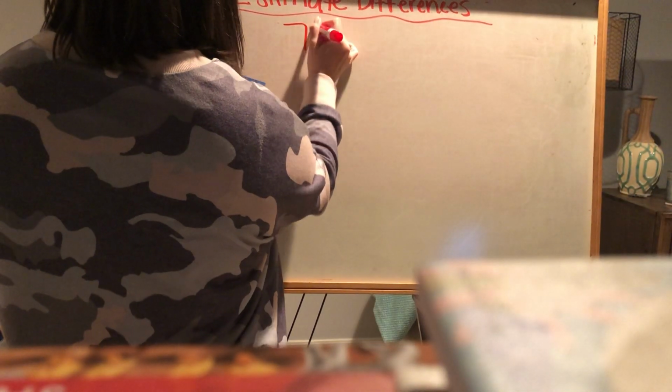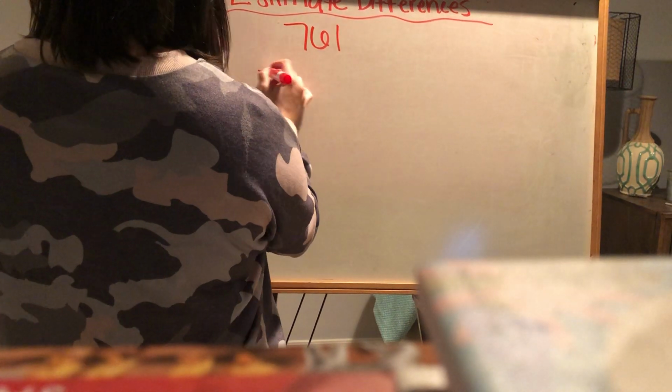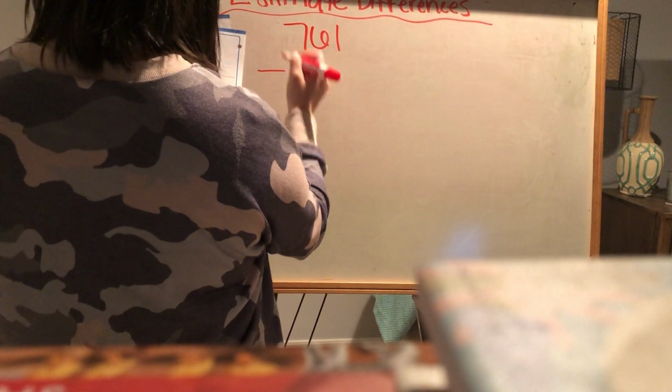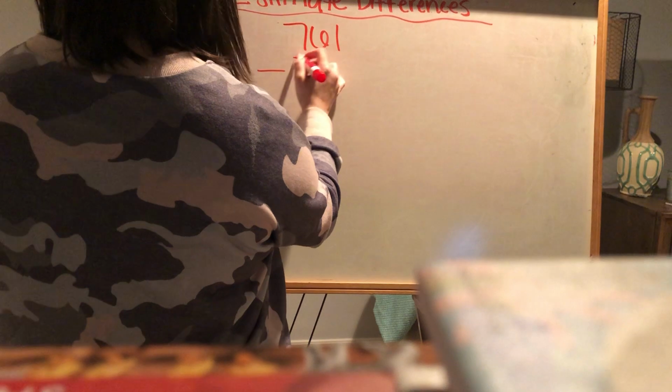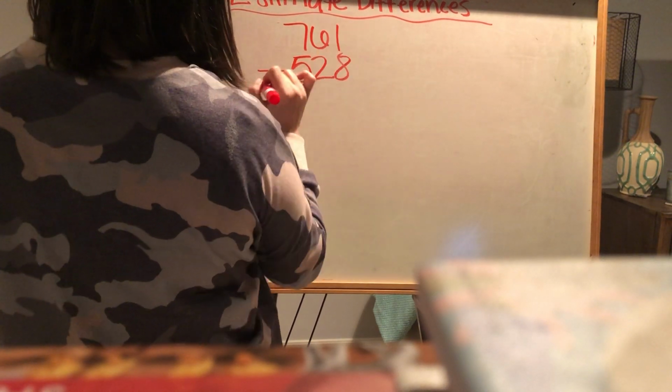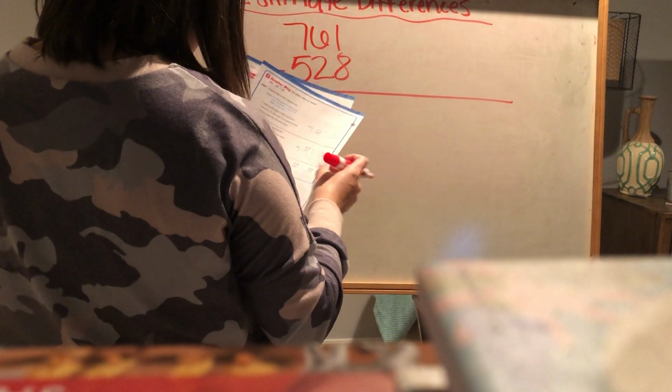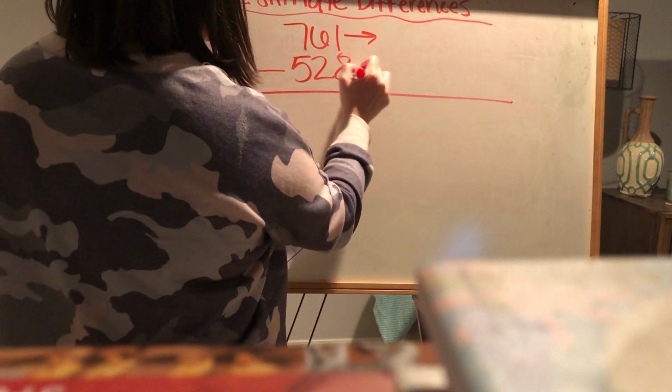Let's go ahead and do 761 minus, remember we're doing subtraction instead of addition, 528. So we have 761 minus 528. Now, before we subtract, let's estimate.